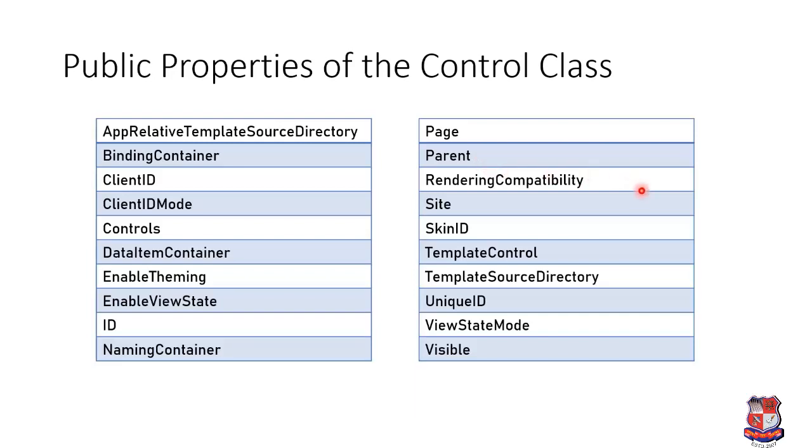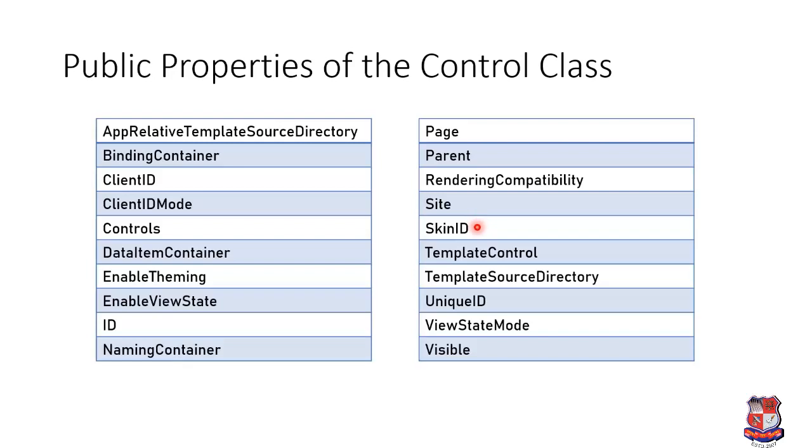Next is RenderingCompatibility. It obtains the value that specifies the ASP.NET version with which the rendered HTML is compatible. Next is Site. It obtains information about the container that hosts the current control when rendered on a design surface.